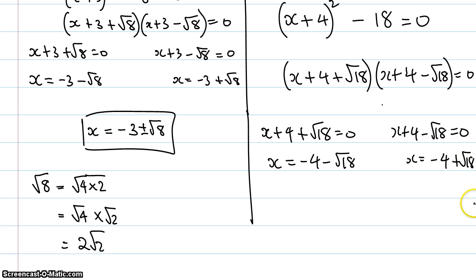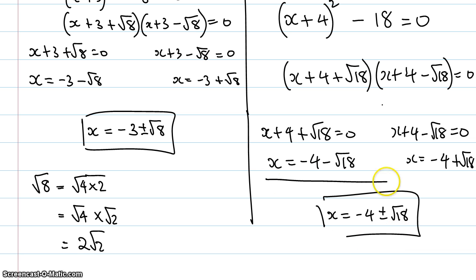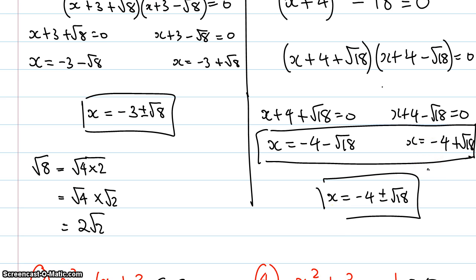And again, you can write that as x equals negative 4 plus or minus root 18. So you can have this answer, or you can have these two answers here. Either way is acceptable. And if you do this on your calculator, you're probably going to get x equals negative 4 plus or minus 3 root 2.